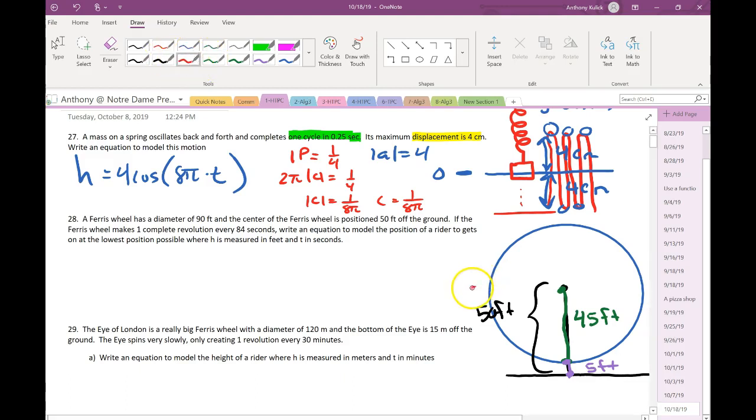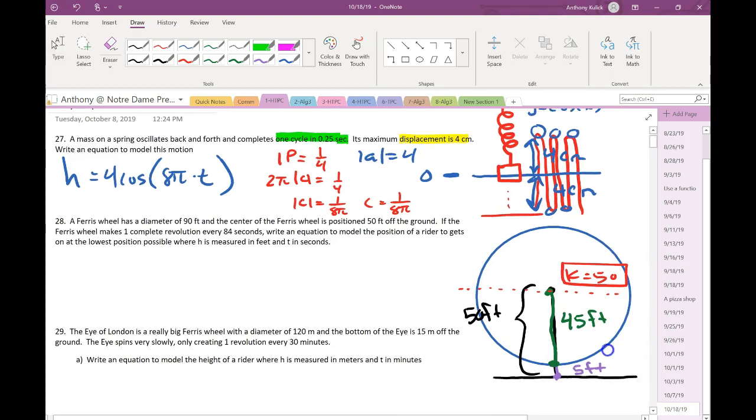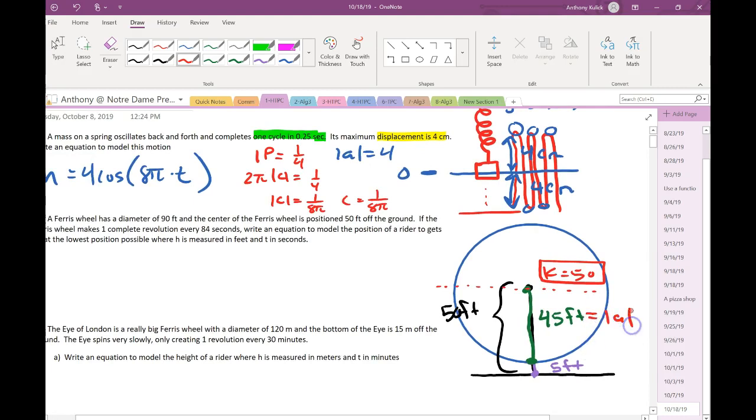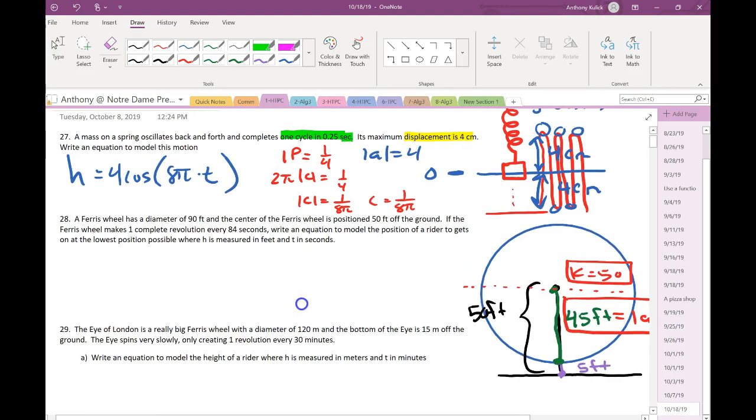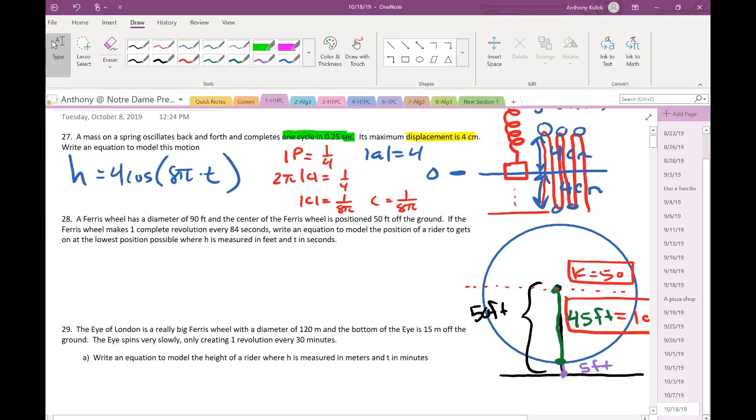So, I know right away that my k value is going through the center here. So I know the k is 50. I know that the amplitude is the distance from the midline to the extrema. So I know the radius is my amplitude. All that I'm left with now is to figure out my value for h and for c.